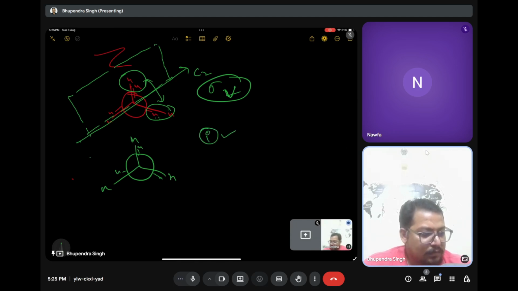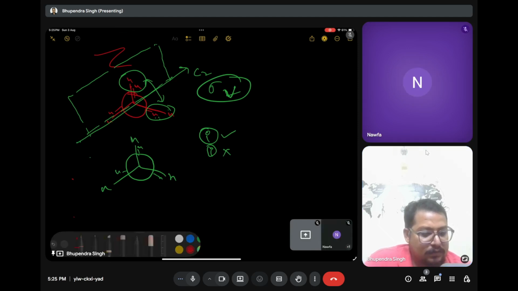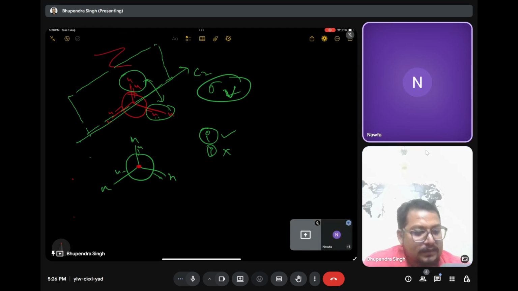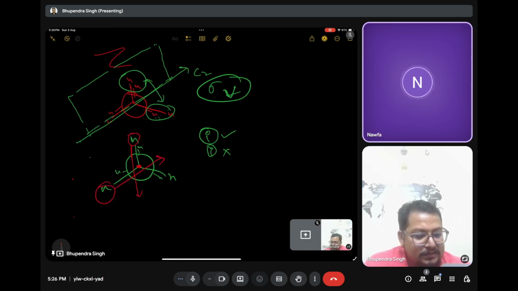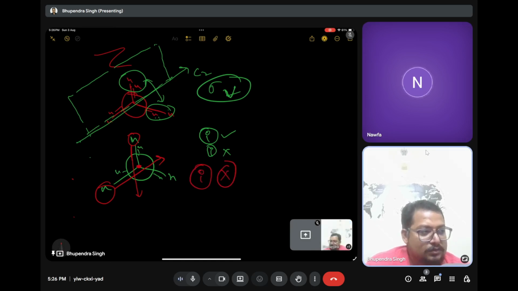Is I there or not? If you are saying so, I believe you are considering this is your inversion point, right? But if this is your inversion point, then this H will reflect to this position. So I is not present.